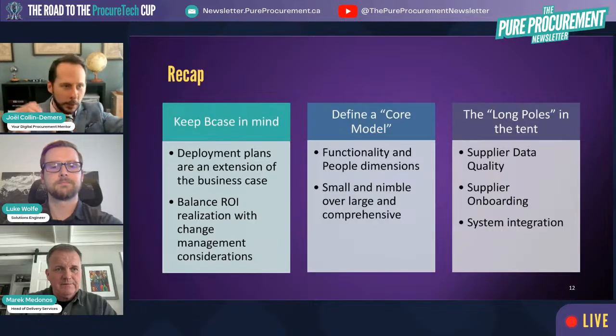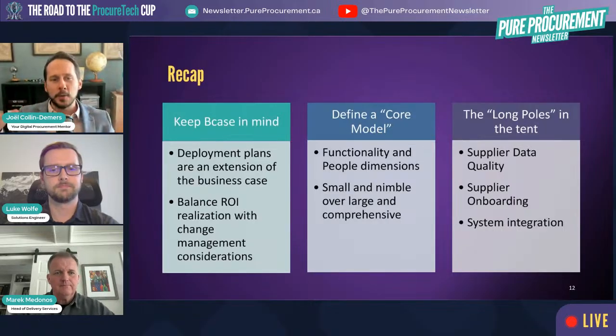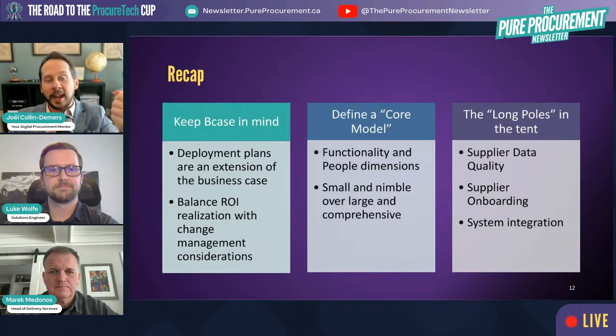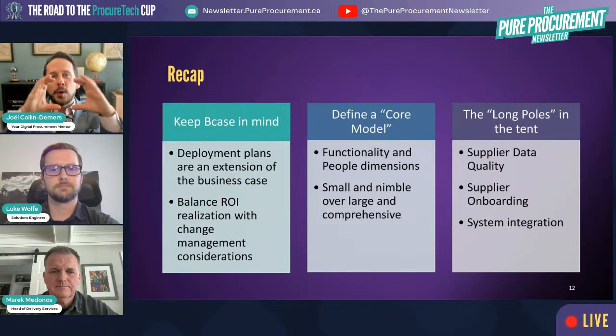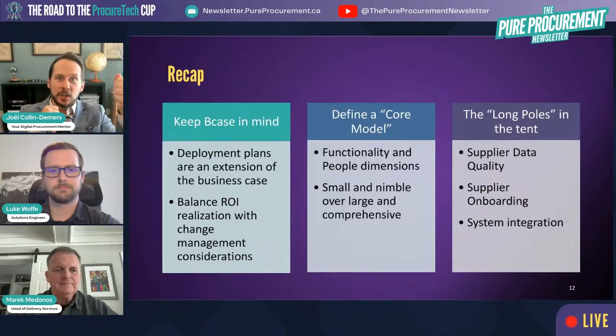And then here, I know we're coming up on time shortly. So as we recap, we had 3 challenges, but I kind of translated them into 3 things to keep in mind. So A, the business case, right? Deployment plans are an extension of the business case. When you think about the scope of what you're going to deploy, when and in which sequence, it's tying it back to that business case, value realization, and balancing the realization of those benefits with change management considerations, right?